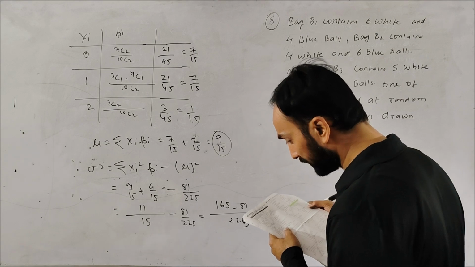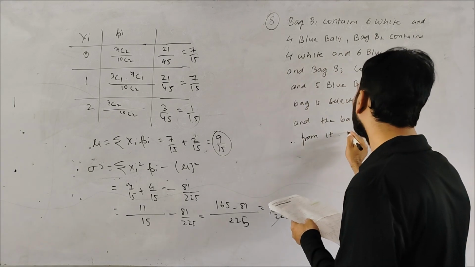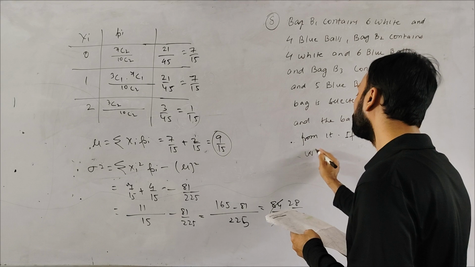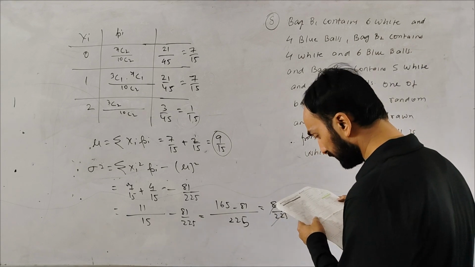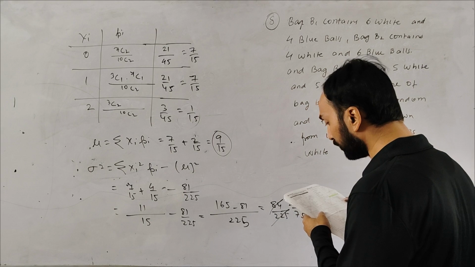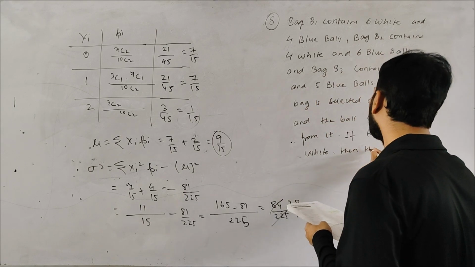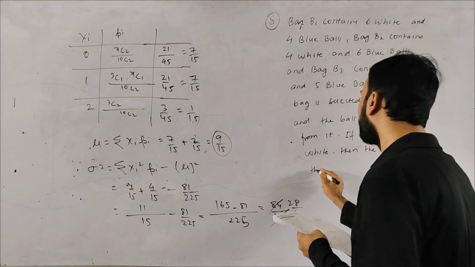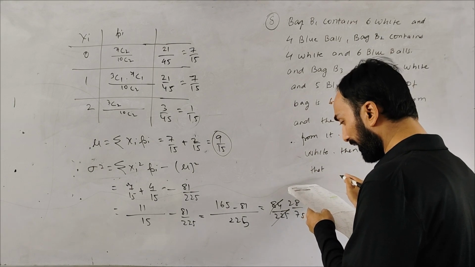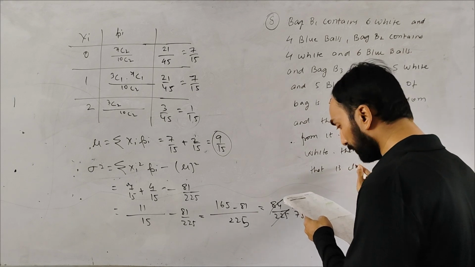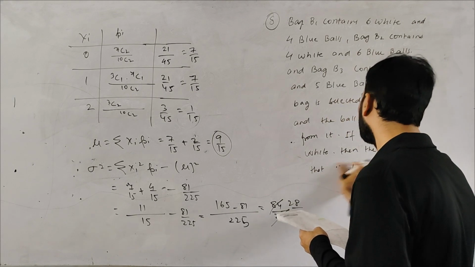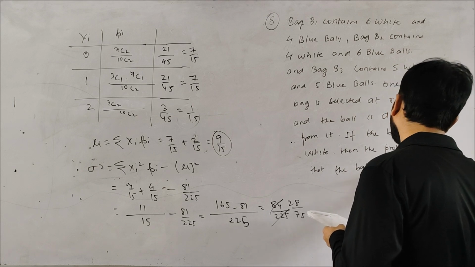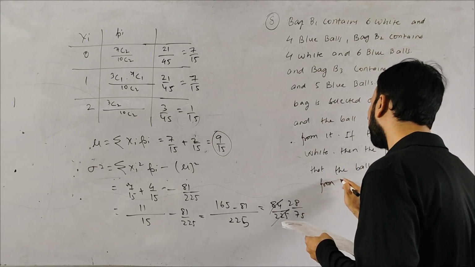If the ball is white, then find the probability that the ball is drawn from bag 2.